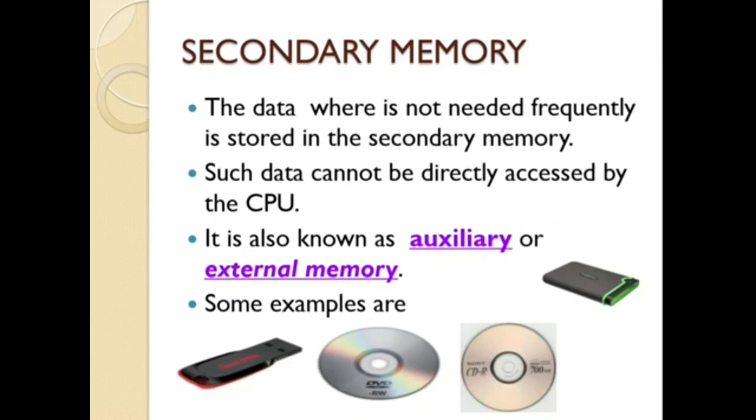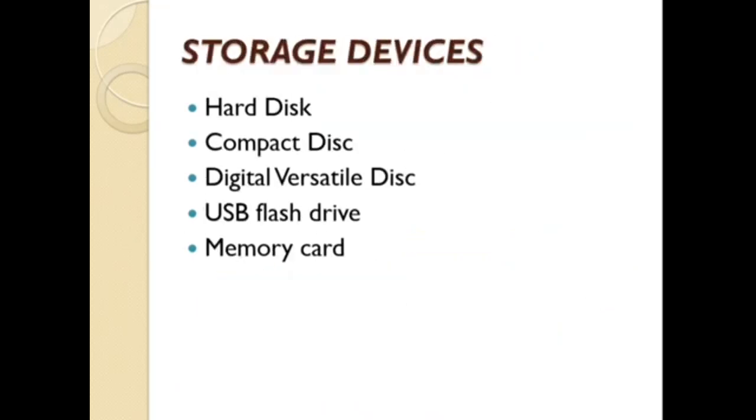So here I am going to show some examples: pen drive, external hard disk, DVD, and CD. Now we are going to see them one by one. What are the secondary storage devices? Secondary storage devices are hard disk, compact disk, digital versatile disk, USB flash drive, and memory card.